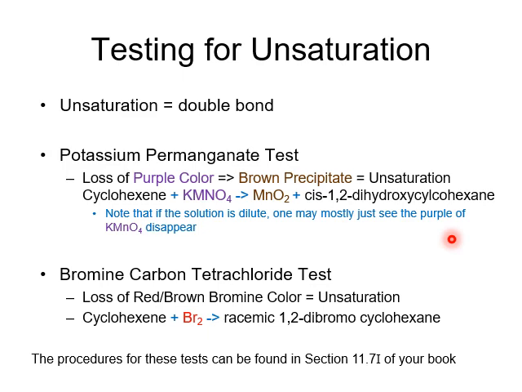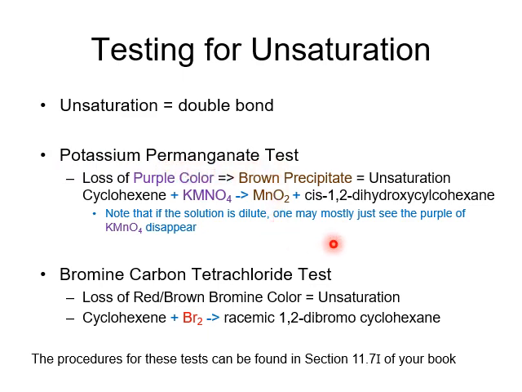For example, here we can do two types of unsaturation tests in the OChem lab. The first one is the potassium permanganate test.